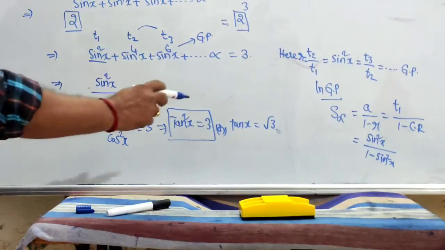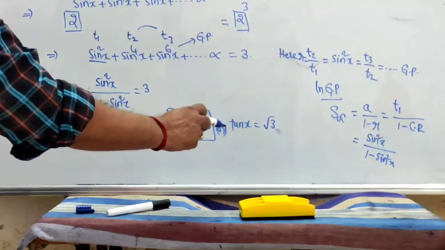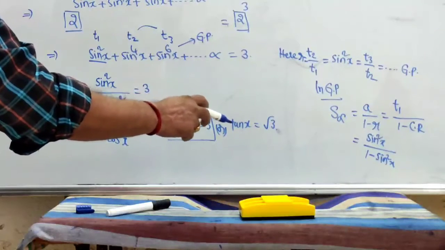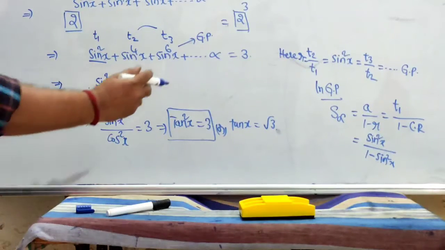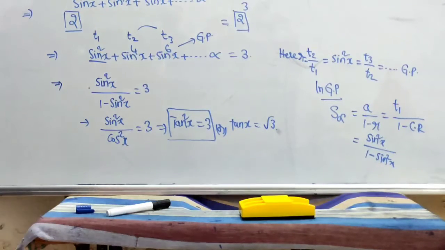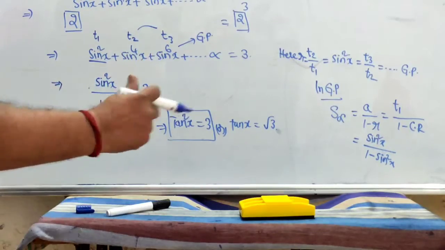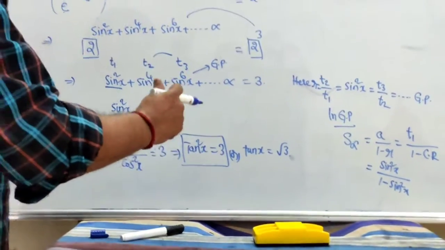Actually, we have to write plus or minus root 3. I ignored minus because already it is said that x belongs to the first quadrant. In the first quadrant, all trigonometric functions are positive. Therefore, we are considering only the plus value and ignoring the minus value. So therefore, tan x equal to root 3.